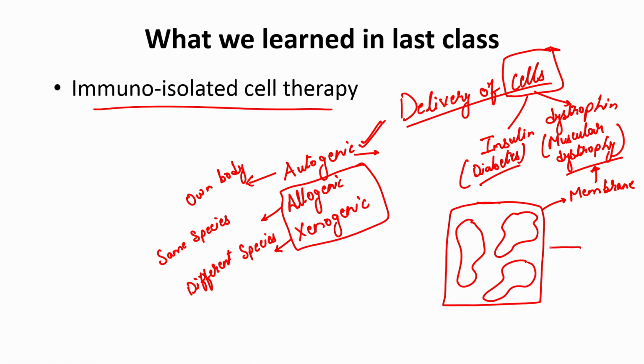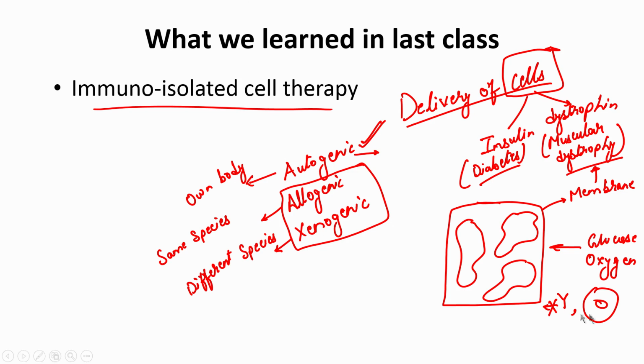This membrane is such that it will allow small molecules such as glucose and oxygen to pass through, whereas larger molecules such as antibodies or other immune cells are not able to go through. That is the whole concept behind it, and we discussed several different conformations of these implants, but eventually this is what you want.